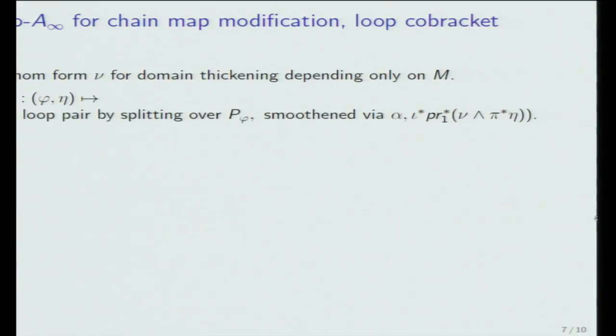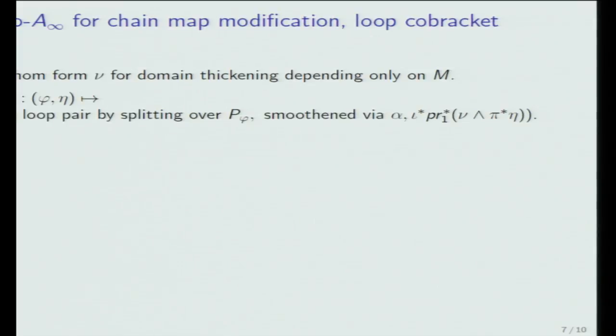Okay. So you choose a Thom form which only depends on M, basically integrating along the fiber to be 1, and it's compactly supported inside this open delta ball. Because the output will give you a form, it's better to consider the input to be a pair, where you have a geometric chain with corners and a compactly supported form eta.